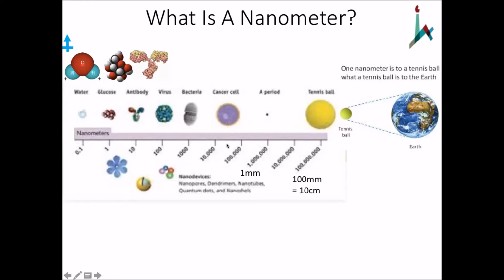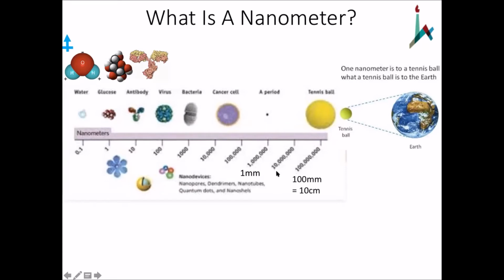In addition, a cell, say a cancer cell, is 10,000 nanometers or 10 microns. The smallest cell is a red blood cell. It's 7 microns, okay? A dot that you put at the end of your writing is about 1 million nanometers, okay?